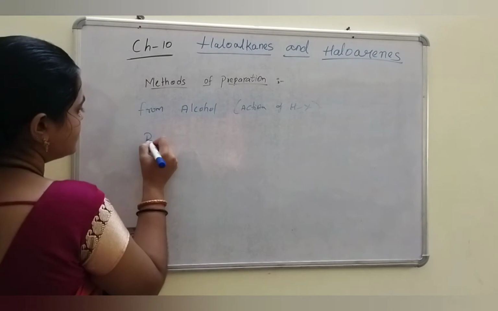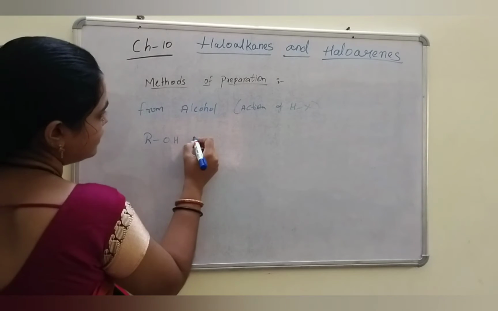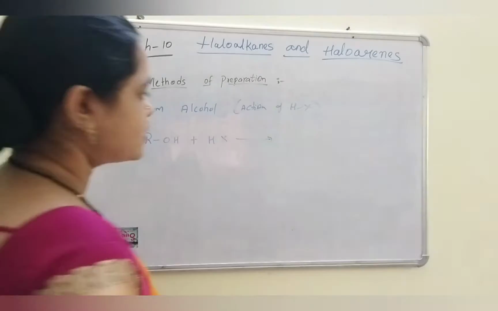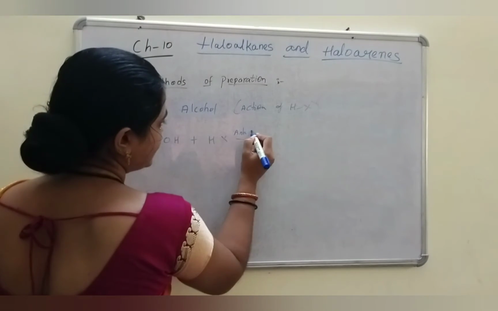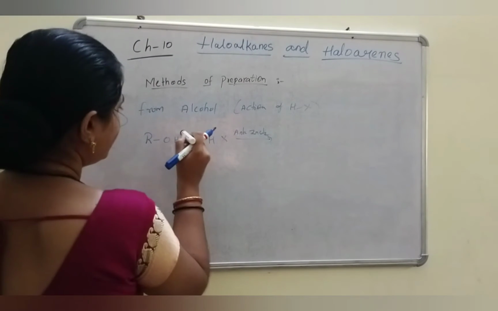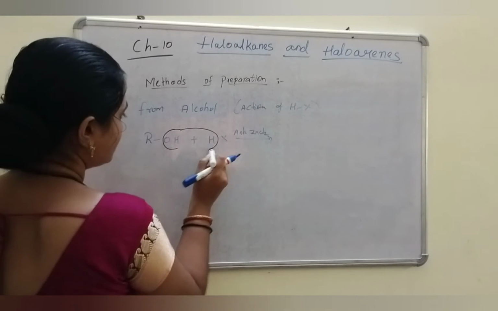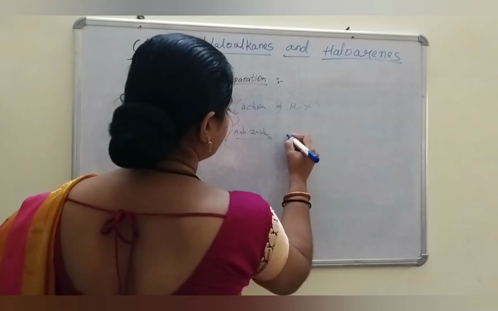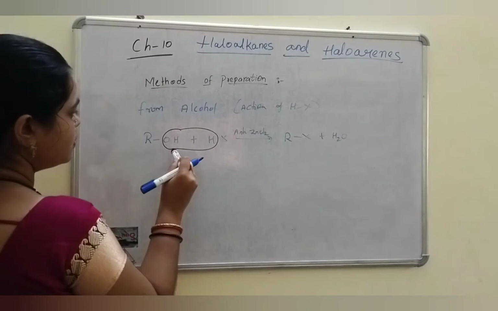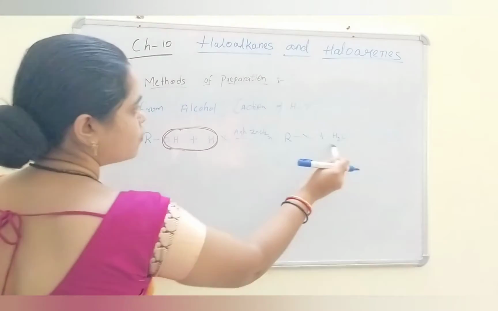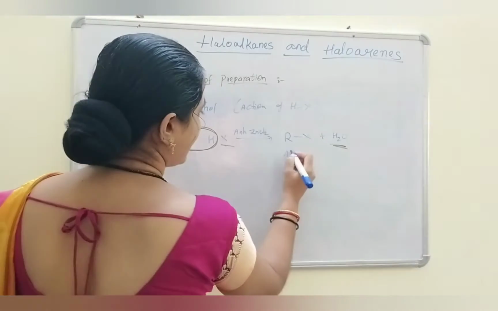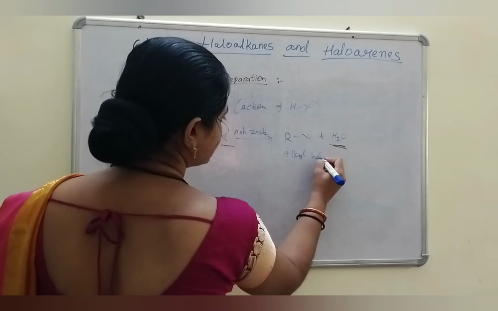When alcohols are treated with hydrogen halide in presence of anhydrous zinc chloride, ZnCl2, the OH along with H is removed as a water molecule, and the remaining alkyl halide RX is formed, plus H2O.